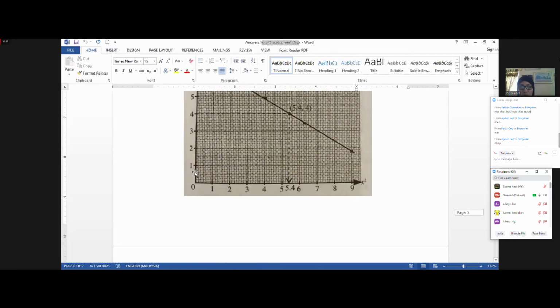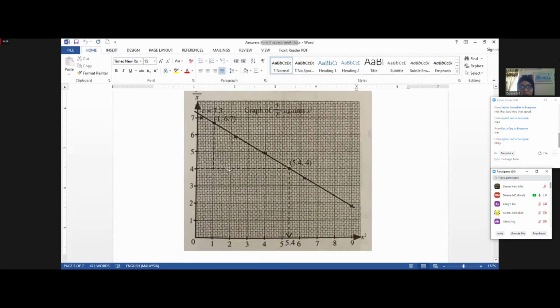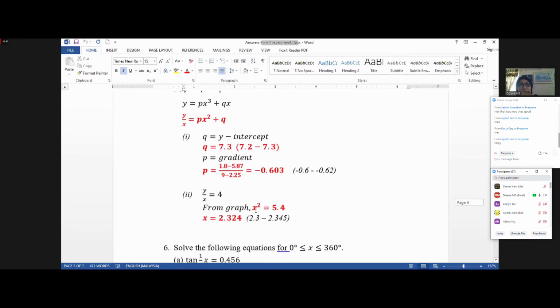Draw a dotted line, touch the straight line, and then read what your x value is. So 5.4 is pending. If yours is 5.3, it's also acceptable. That one is x squared, but they ask for x. So take the square root of that, 2.324, or any value between 2.3 to 2.345. Okay, 10 marks.